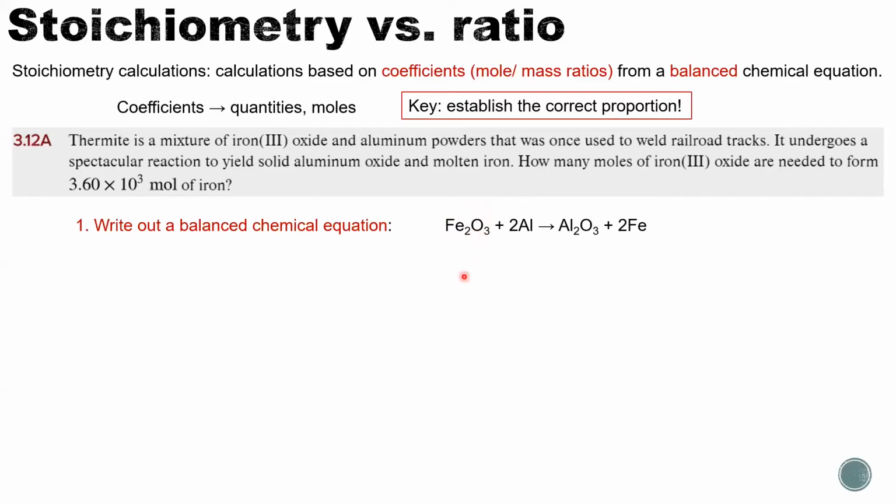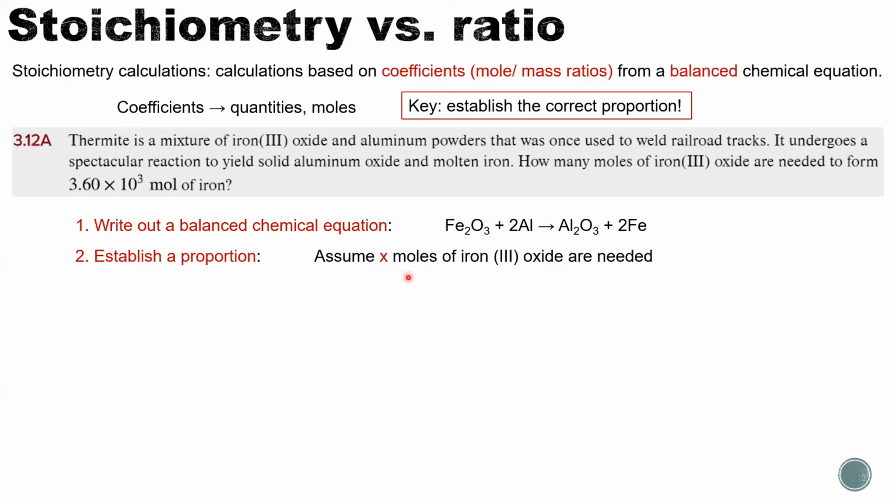So now we need to establish a proportion. Here's the most important part, okay? Pay attention. Assume X moles of iron 3 oxide are needed. We ask about it, and we can assume X moles are needed.